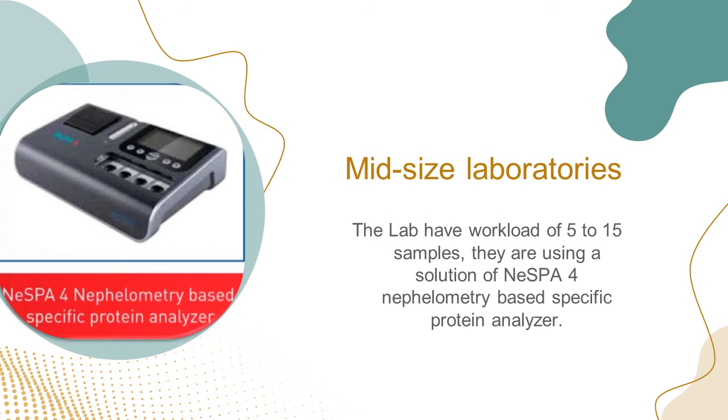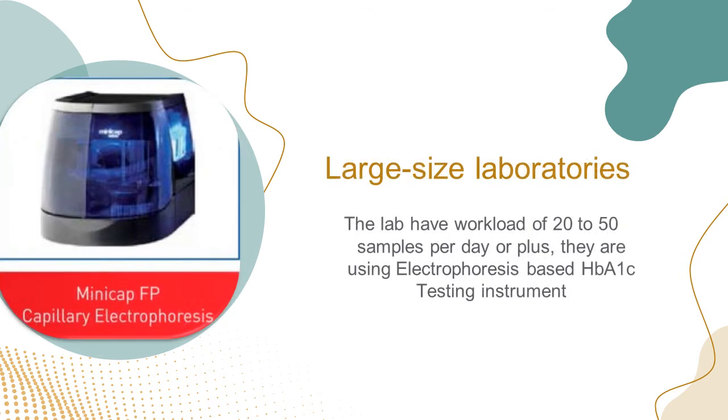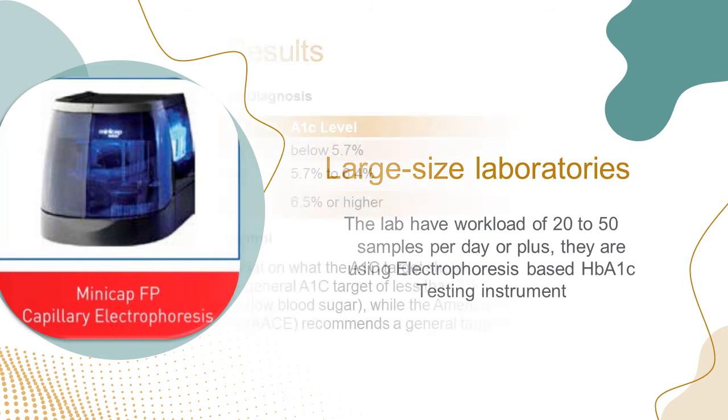They use a solution for nephelometry-based specific protein analyzer. Large-sized laboratories: the lab has a workload of 20 to 50 samples per day or more. They use an electrophoresis-based hemoglobin A1c testing instrument.